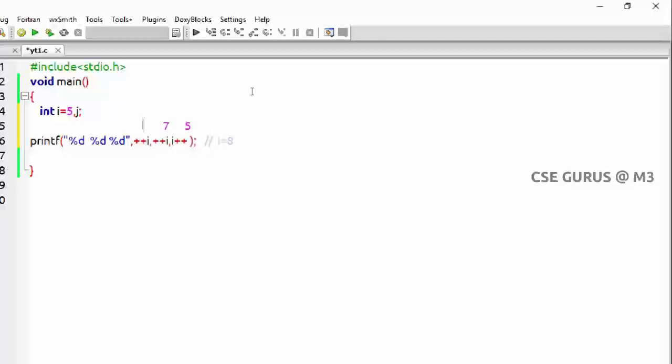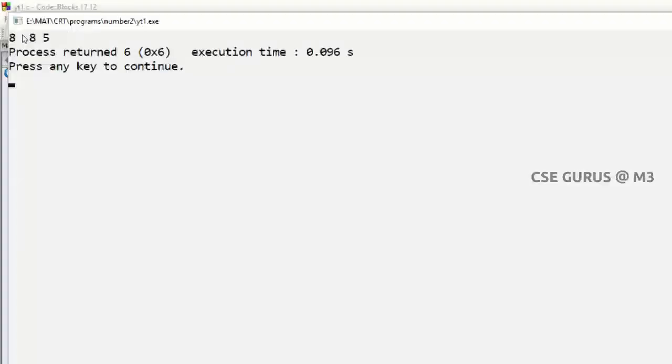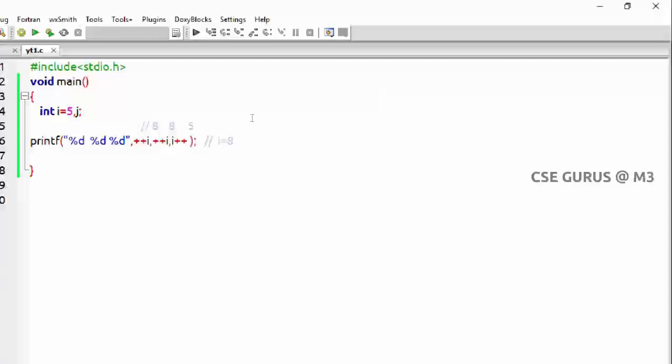Here it is post increment, then pre increment, that's why 8. Now the final I value is 8. So wherever you have plus plus I or I will be replaced with 8, right? Here plus plus I replaced with 8. The third one is I plus plus, it won't be replaced. This output will be 885. Yeah, you can see 885. So this is how the replacement happens.